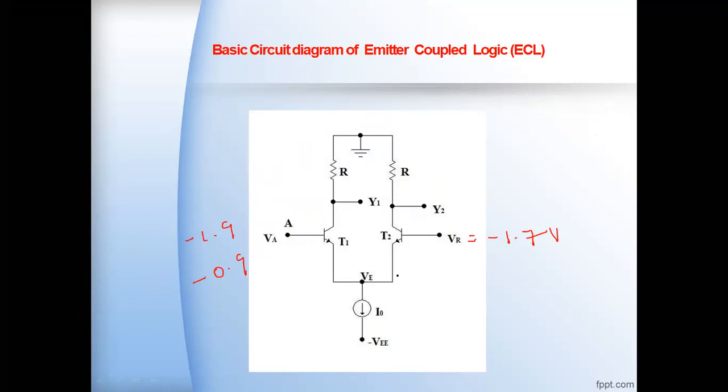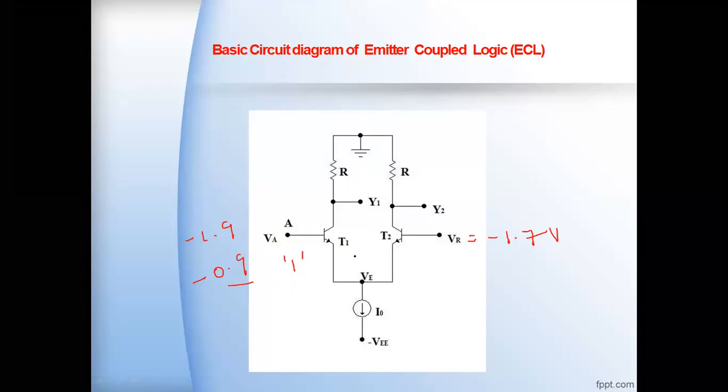So now you take the second case here. Now the second case is, you apply the 0.9 volt, which is the logic 1 here, right? The 0.9 volt is the logic 1 at the VA. So now you see the reference voltage is -1.7 and the applied voltage is 0.9 volt, -0.9 volt.